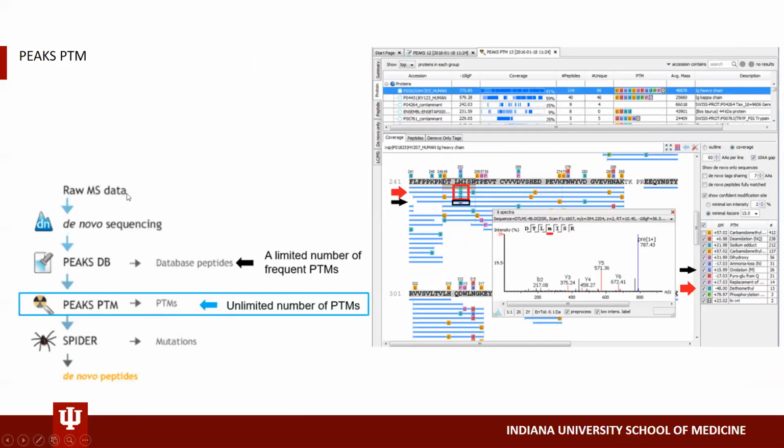So Peaks PTM. After the mass spec data has been searched in a database with a limited number of PTMs, so that's how we normally do it, Peaks PTM is an algorithm that will search through for an unlimited number of PTMs. So here's an example of some really interesting dithiomethyls.